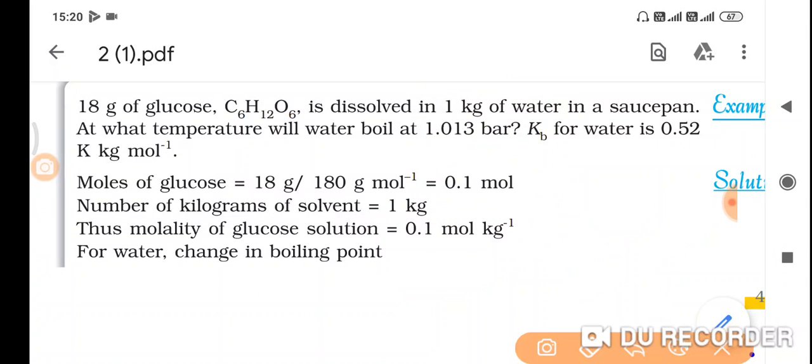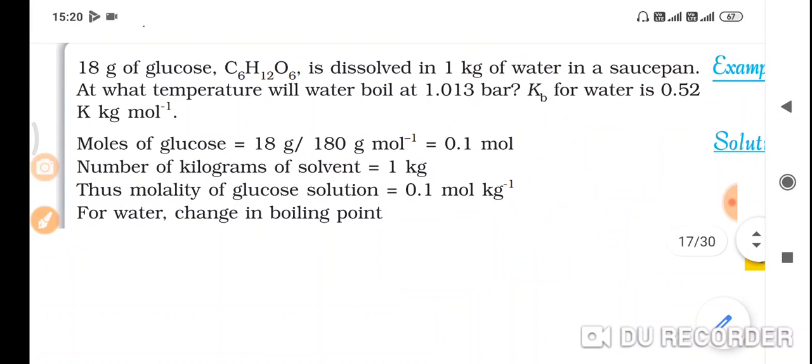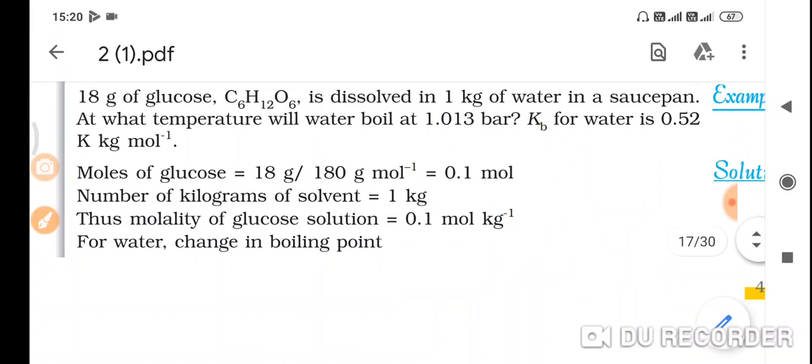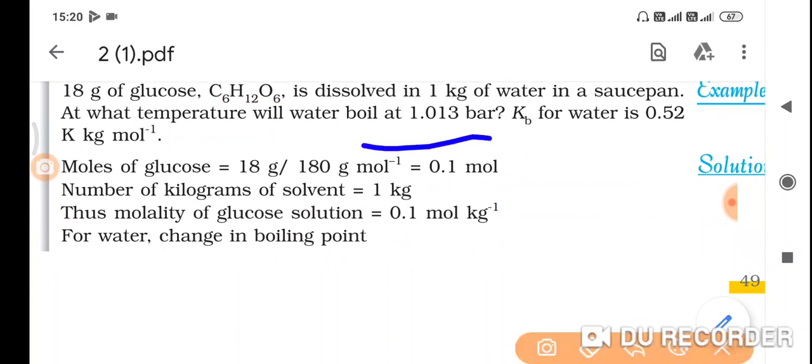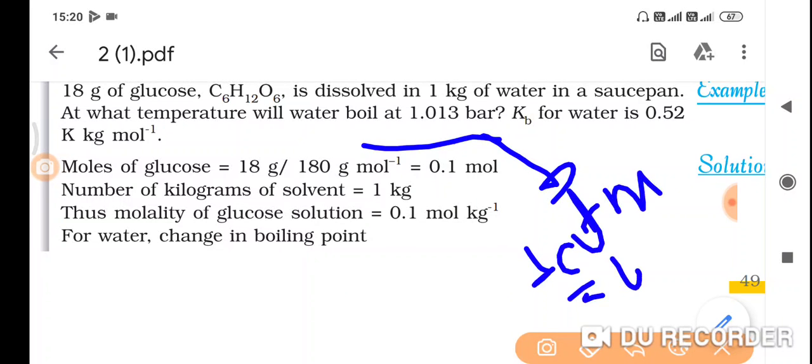Now what is the next part of the question? In a saucepan, at what temperature will water boil? Will water boil at 1 atm, that is 1.013 bar, right?